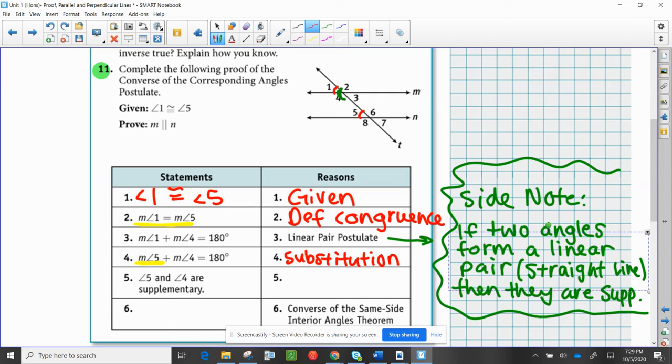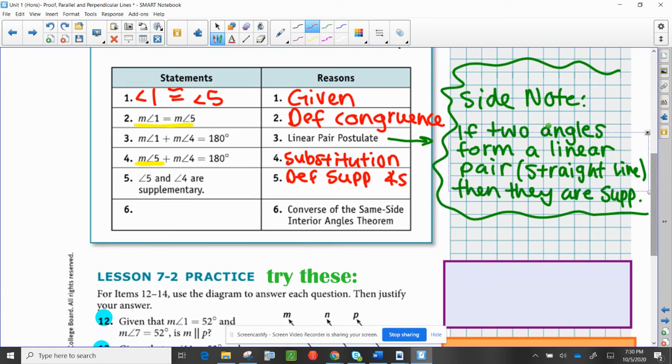Or if you wanted to, you could also think of that as the transitive property. But angle 5 and angle 4 then are supplementary. Well, that's just using our definition of supplementary angles, because if two angles add to 180 degrees, then they're supplementary.